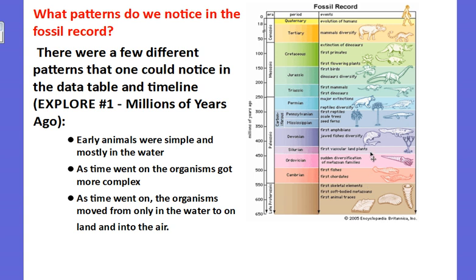As time went on, organisms got bigger and more complex, and as time continued to go on, organisms moved from being not only in the water to having land animals, land plants, animals that walked, animals that flew. So a big difference between these early organisms and modern organisms. And we can see that by looking at the fossil record.